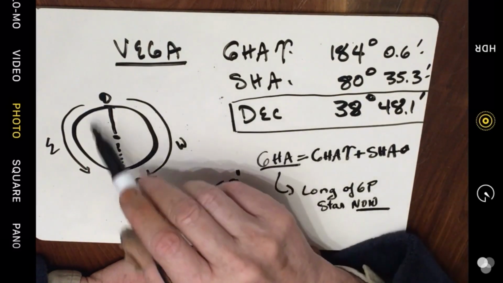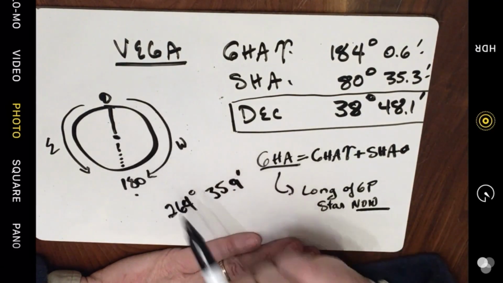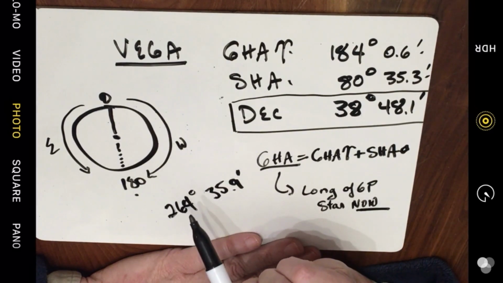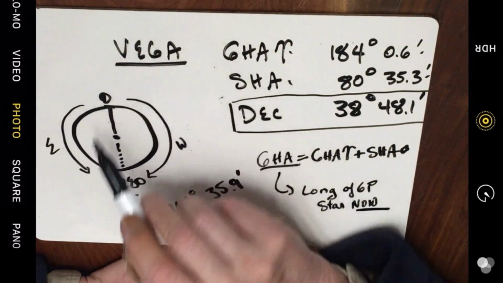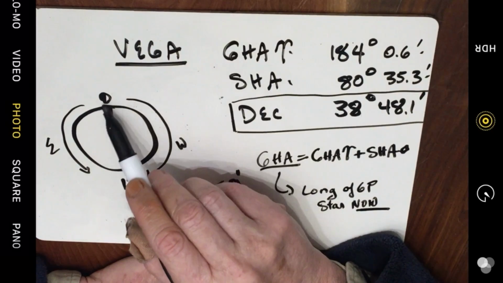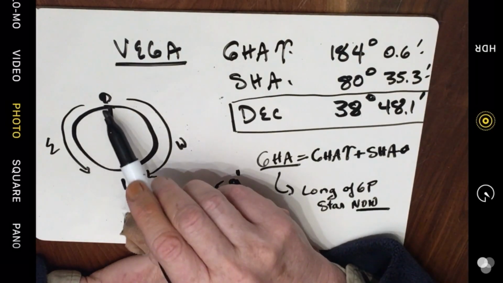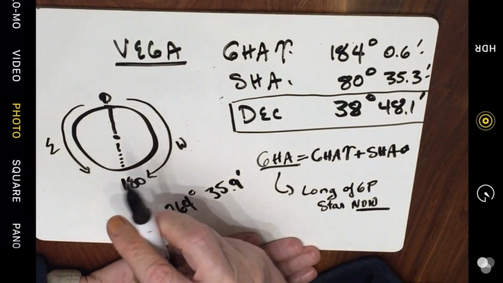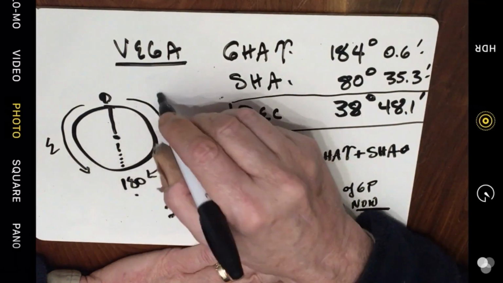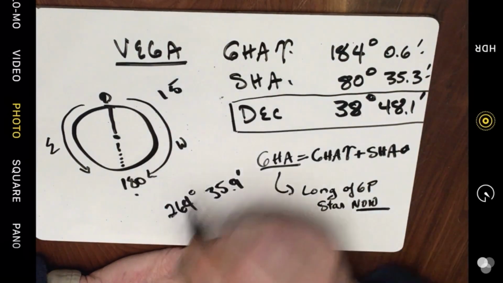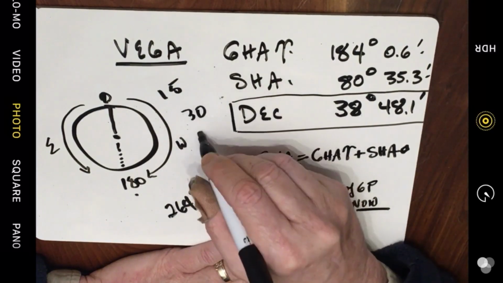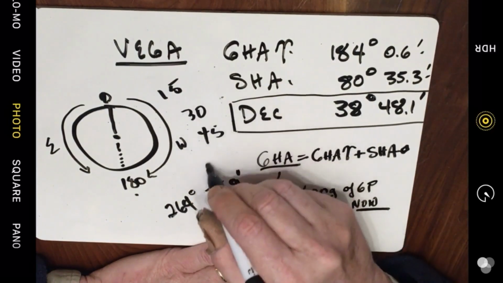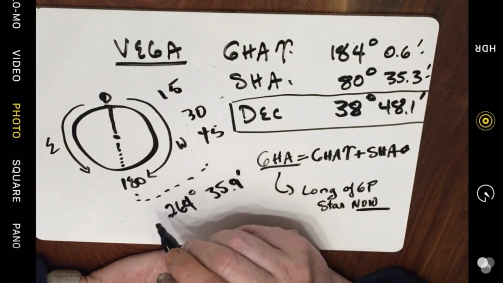However, unlike this split situation where you have an east longitude and a west longitude, what happens with the Greenwich hour angle is you start off at 0 with the prime meridian. And then an hour later, the Earth has rotated 15 degrees. So you go to 15. Likewise, you go to 30, 45, and work your way all the way around to 180.